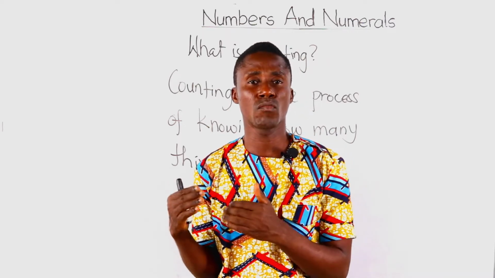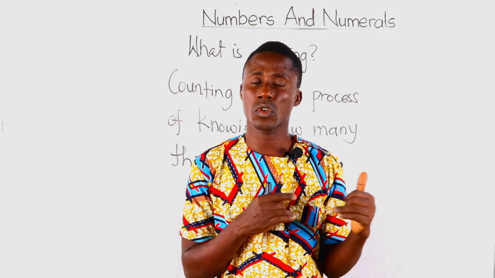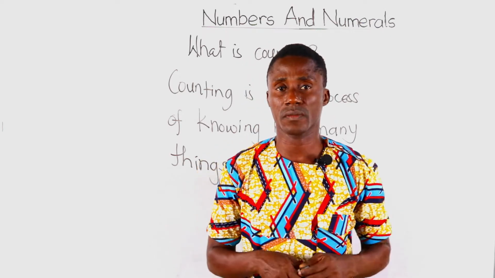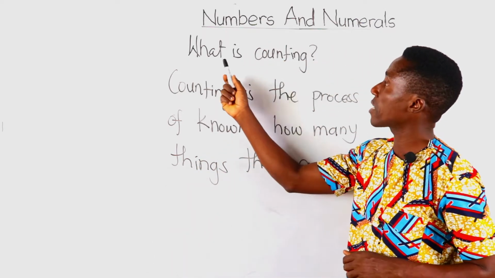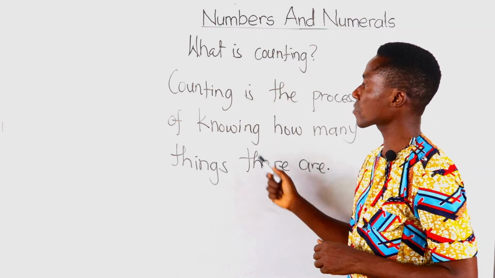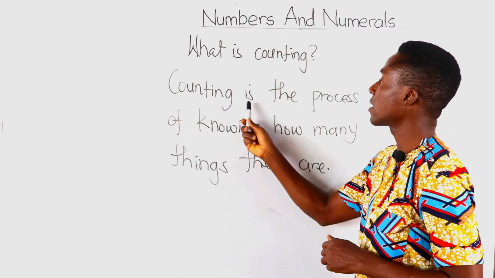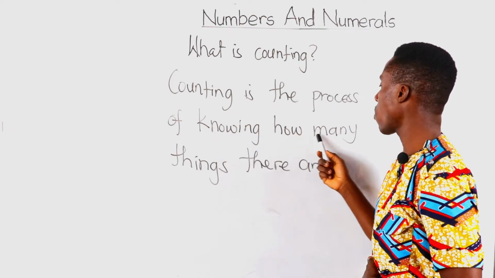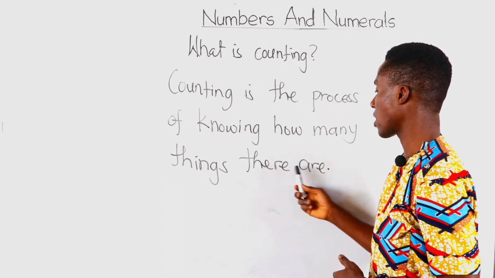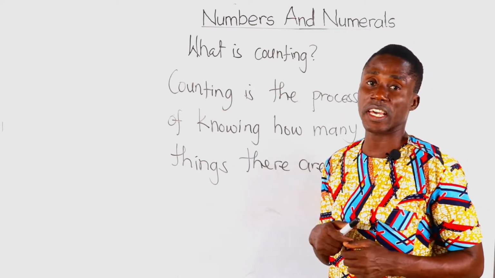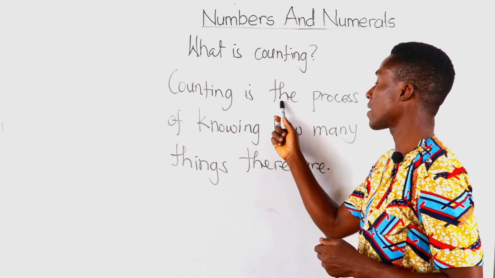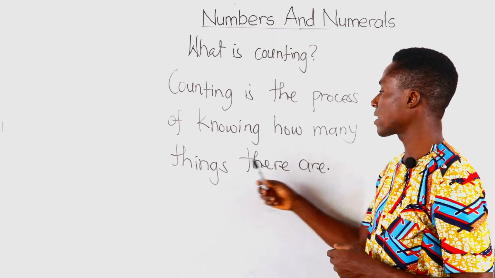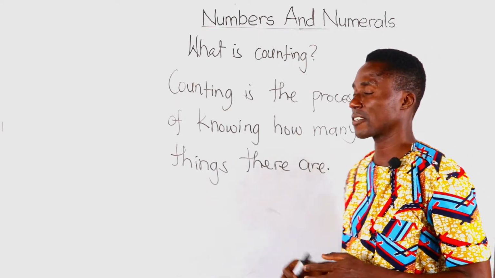The method of moving from the house to a school by another person may be by what? Walking. So, if we come back to what is counting, we can say counting is the way of knowing how many things there are. Or we can also say counting is the method of knowing how many things there are.